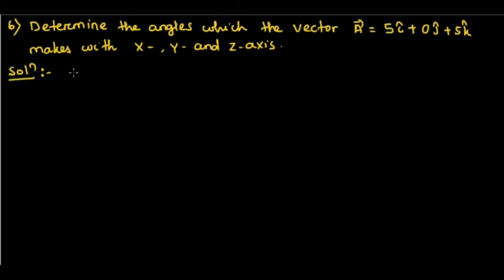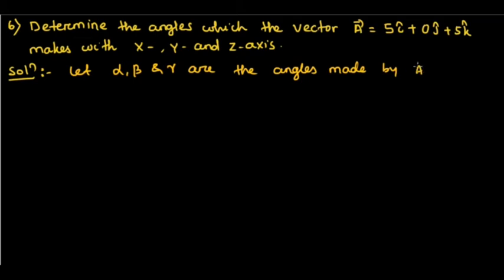So assume that alpha, beta and gamma are the angles made by vector a with x, y and z axis respectively.